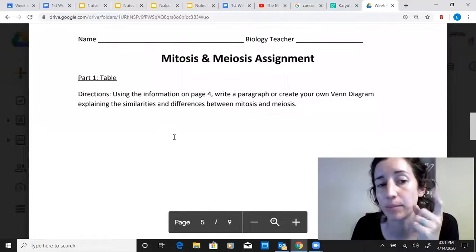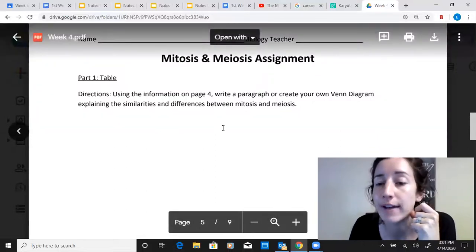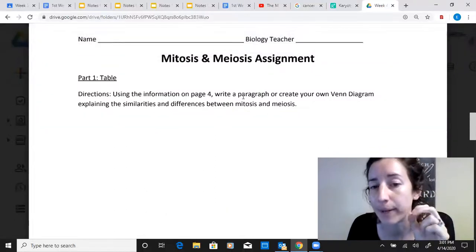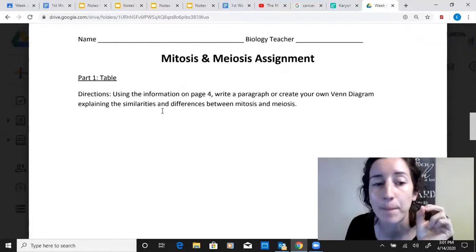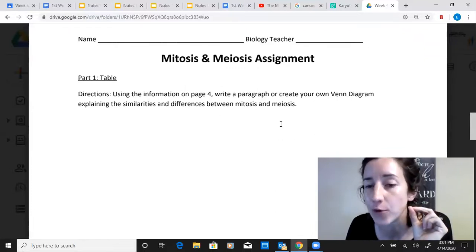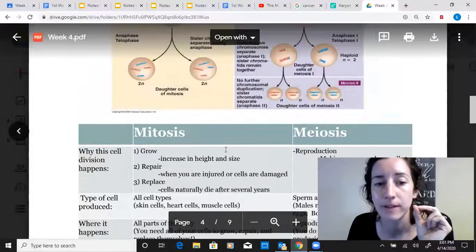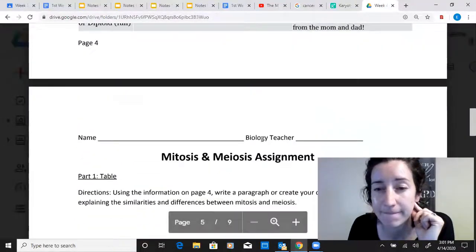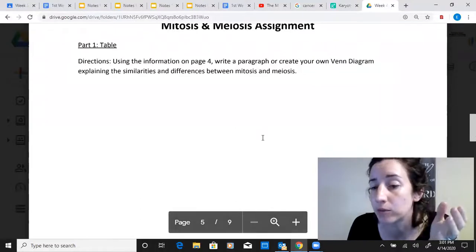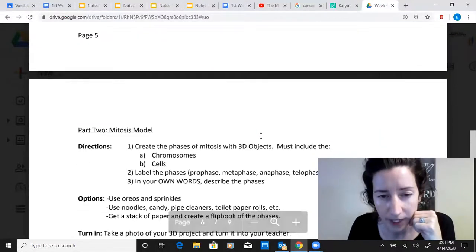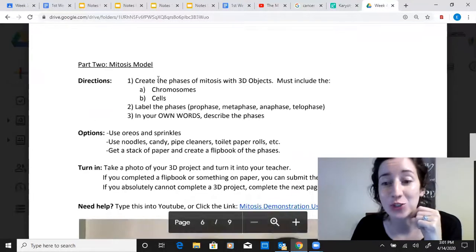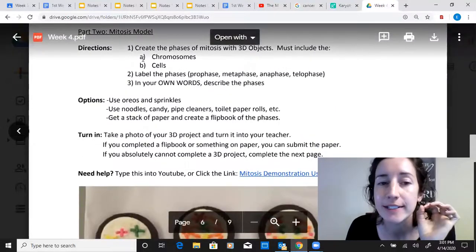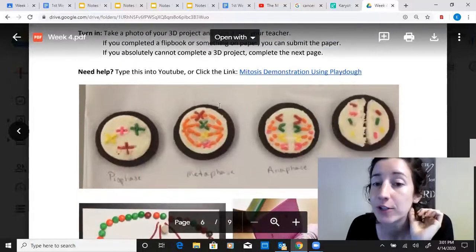Okay, here's your assignment. Part 1, you're going to take that information we just went over and write a paragraph or create a Venn diagram comparing and contrasting mitosis and meiosis. Mitosis, meiosis. Okay, the videos will help you also with that. And then you are going to create a 3D model of mitosis. Okay, so here's some examples.